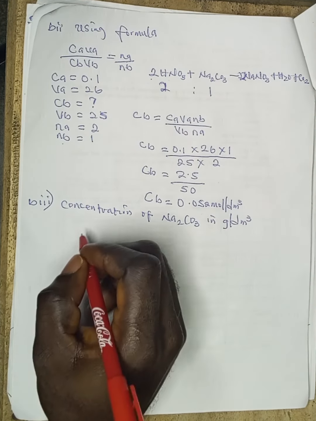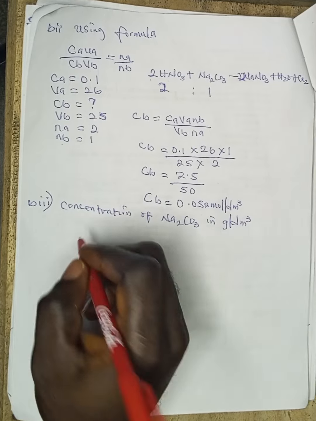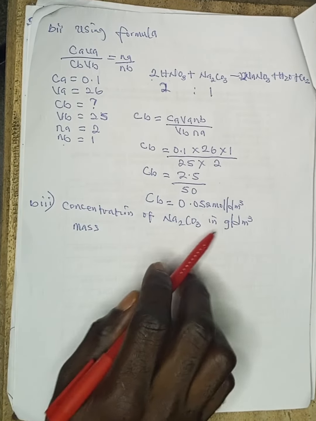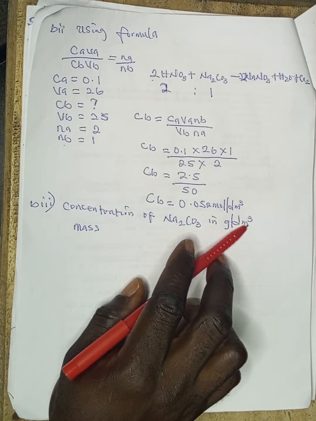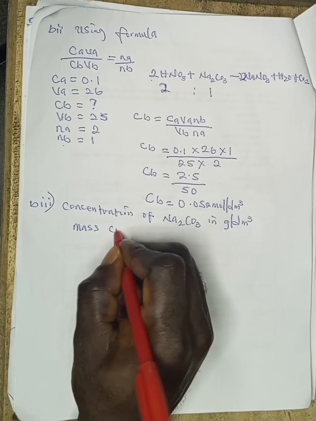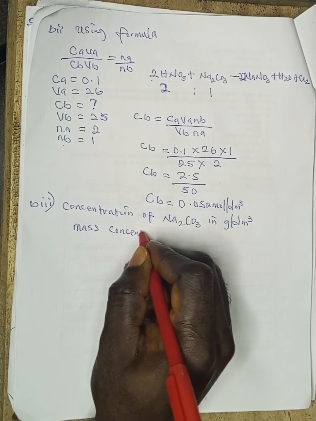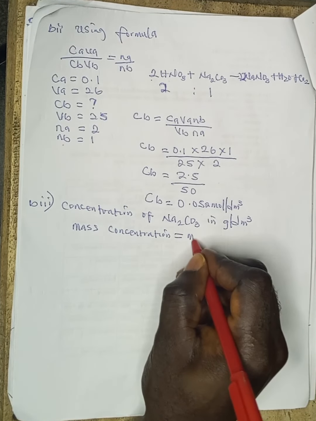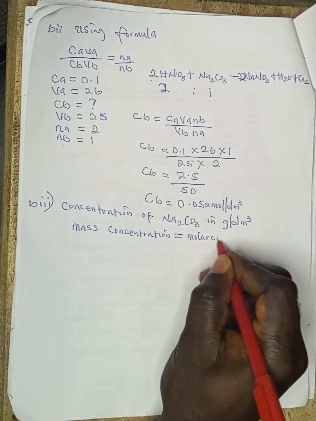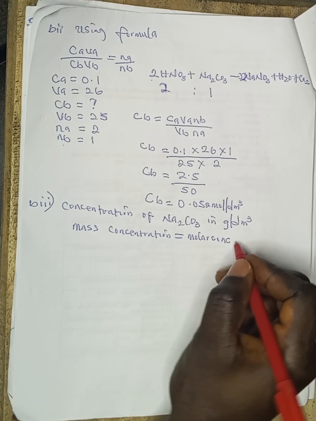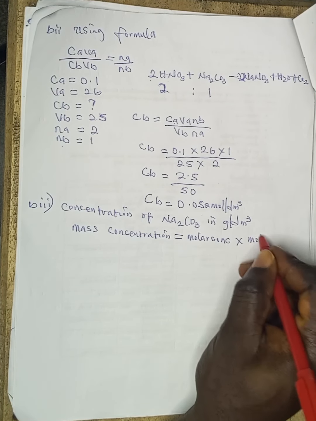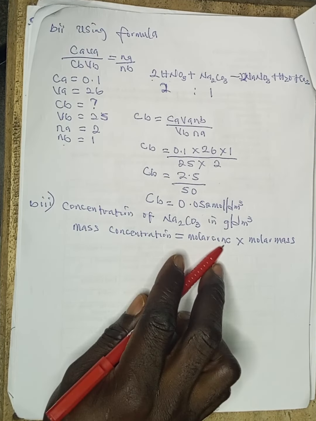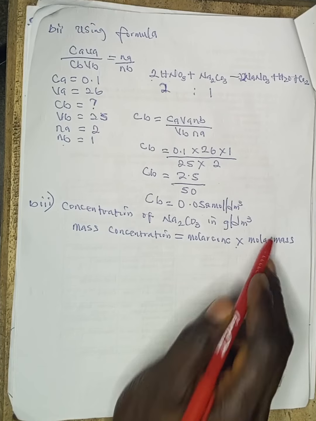Now, using the formula is mass concentration, because anytime you ask concentration in grams per DMQ, it is mass concentration. So you say mass concentration is equals to molar concentration times molar mass.